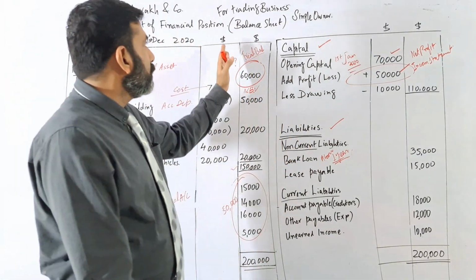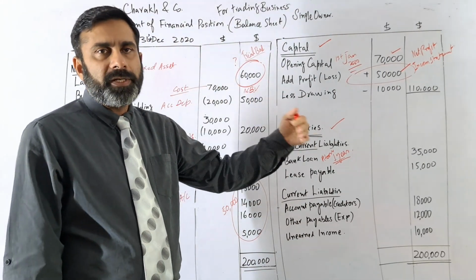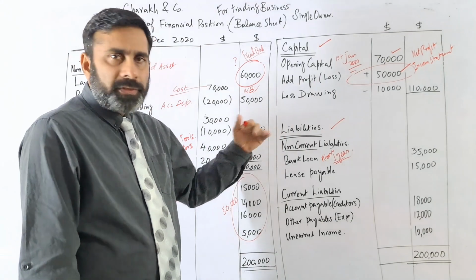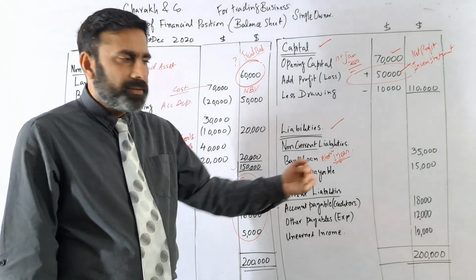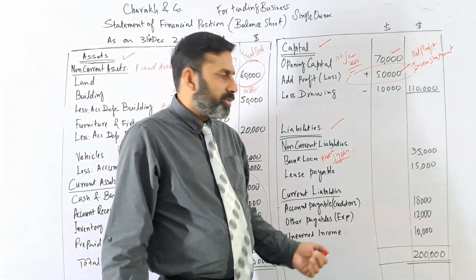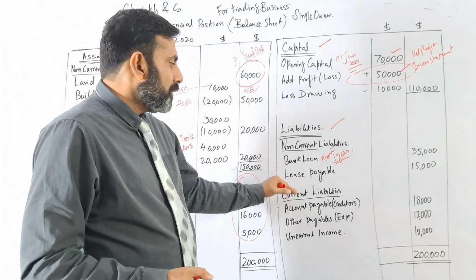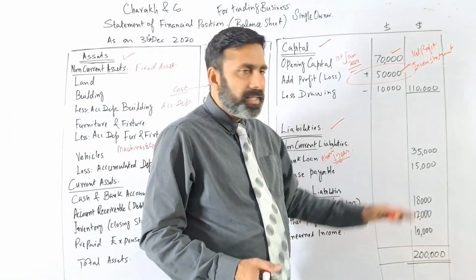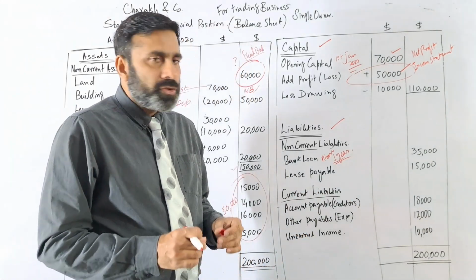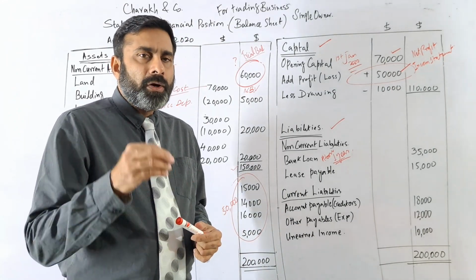You don't have to pay it in 2021, you have to pay it in 2022, 23, 24, 25, any year, but beyond 1 year. The bank loan is there, for example 35,000, which you have to pay after 5 years. In the same way, you have to pay 15,000 for the lease. The lease is where the business is taking some asset, but not on a cash basis.